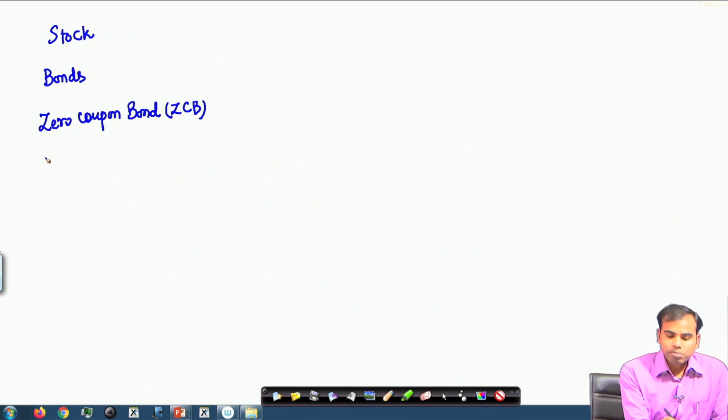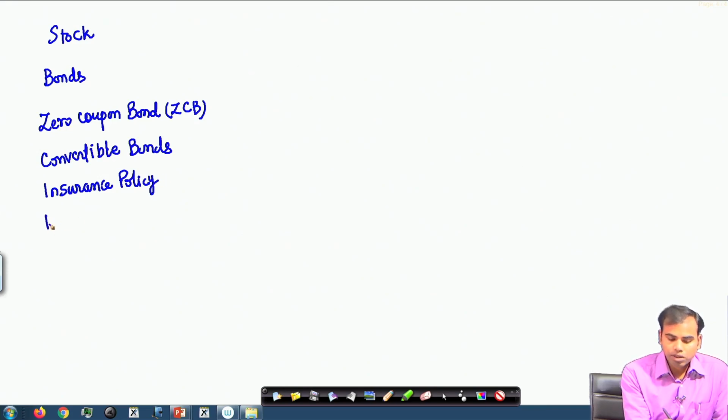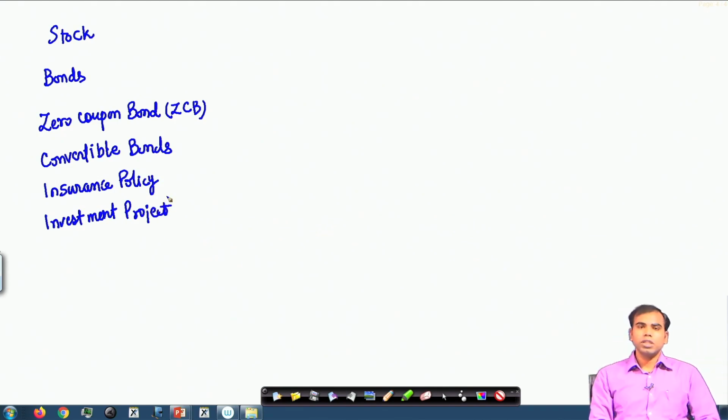And then you may find some, let us say, convertible bonds. You may have insurance policies. You may have investment project.